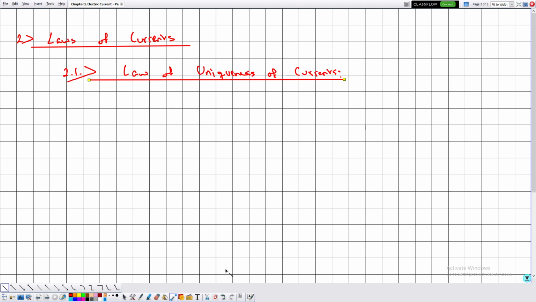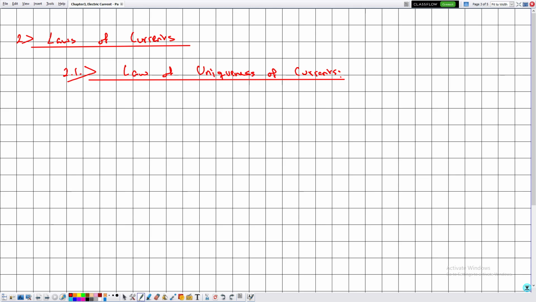In order to explain this law, let's consider the following electric components that are in series. Let's say this is the electric component D1 and this is the electric component D2. Suppose that D1 is being traversed by the current I1 and D2 is being traversed by the current I2.